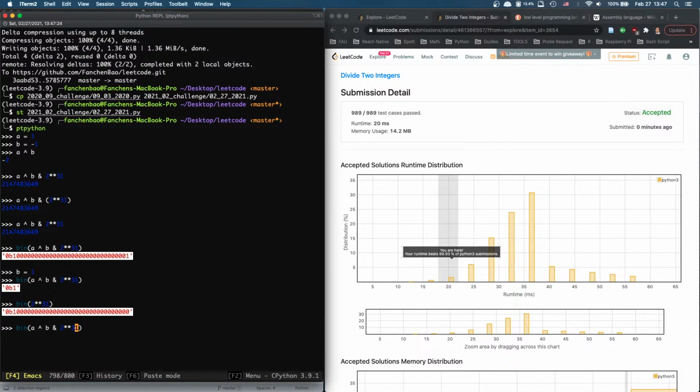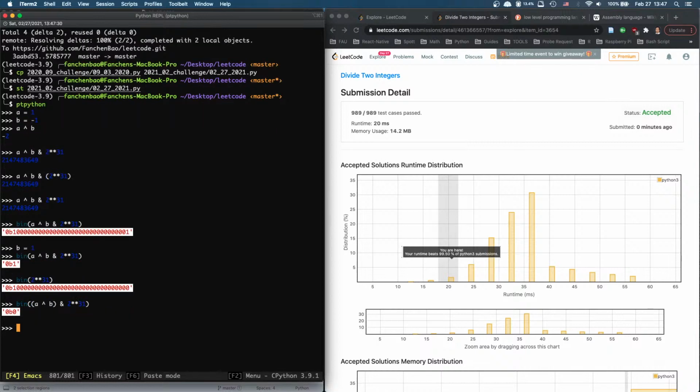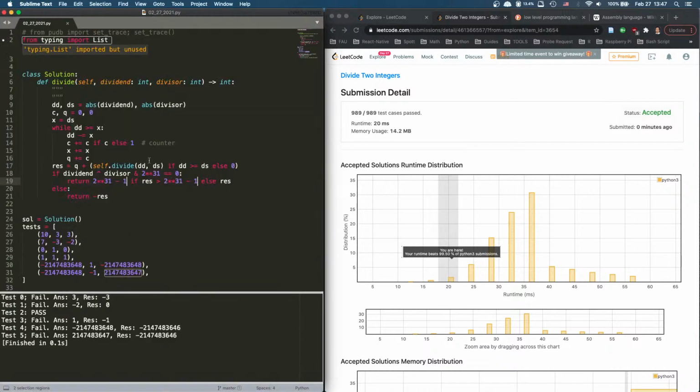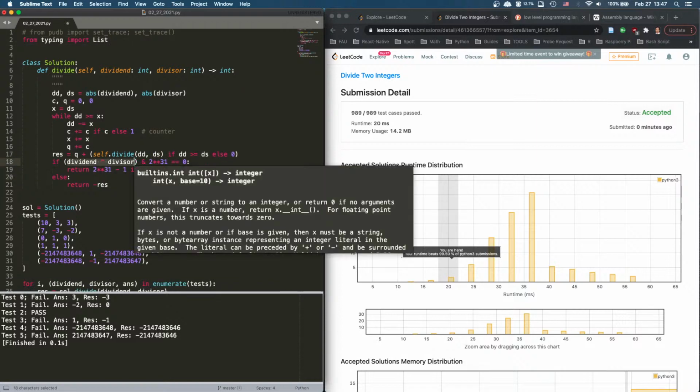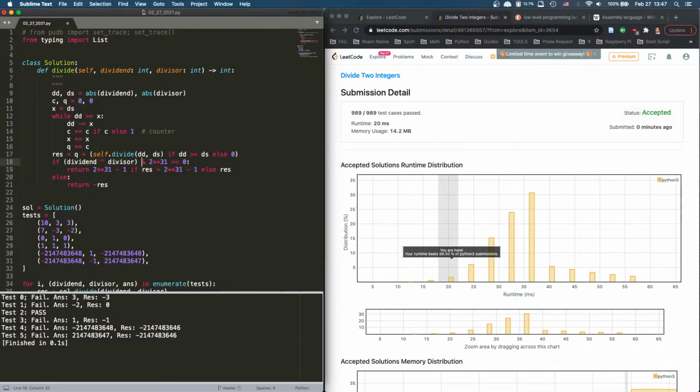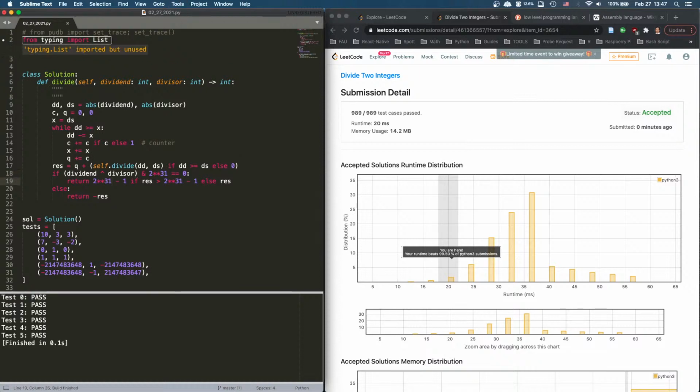Hold on. I think there has to be something here. There we go. Oh, I know. It's because this one does not take precedence. So we have to do this as precedence. And there we go. This is correct. Yeah. I use a little bit of a trick here.